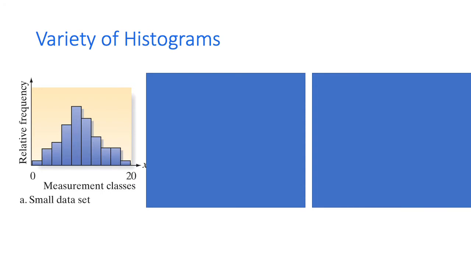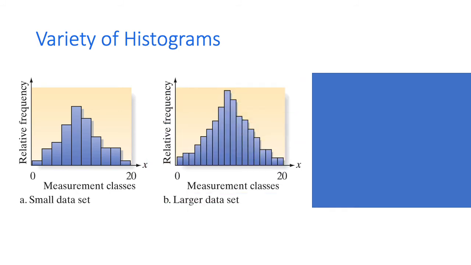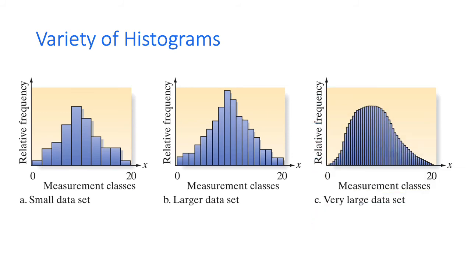Okay, a variety of histograms. This is a histogram with a small data set. This is a histogram with a slightly larger data set. And this is a very large data set. What's happening here? What's changing? Notice that this little step-ladder type of pattern tends to disappear and smooth out as your data set gets larger and larger, almost becoming curve-like. Now keep this in mind.